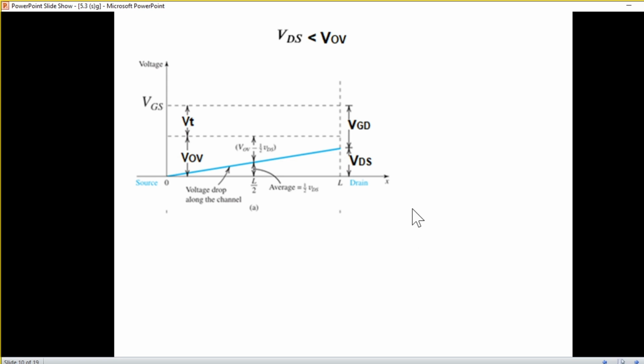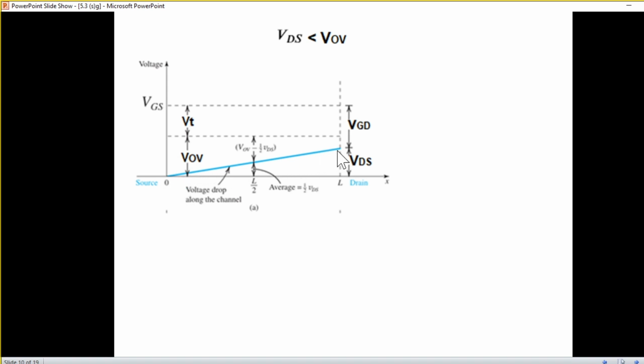Okay, now we come back to our earlier discussion that VDS is less than VOV. So it is here now. Earlier it was here, very less. Now it is here. As we had been discussing, this line is actually the voltage drop across the channel from left to right, or from source to drain.